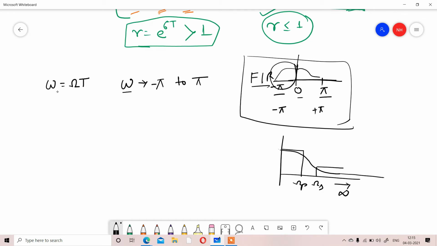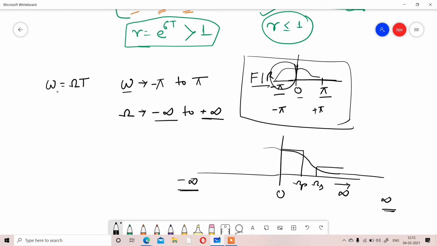So that is your analog filter. That is 0 to infinity, and on the negative side it is up to minus infinity. So the range is from minus infinity to plus infinity. So an analog filter will have a range of minus infinity to plus infinity.